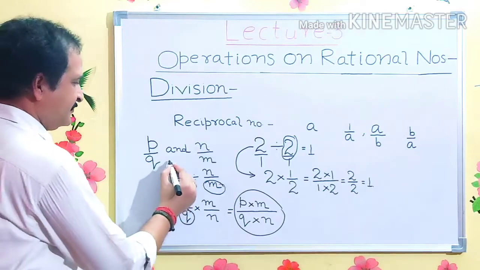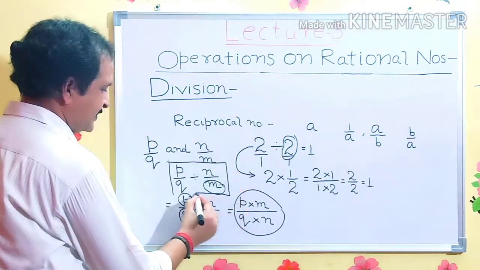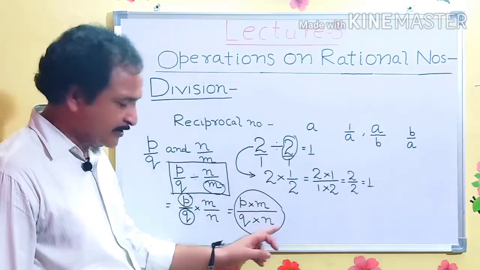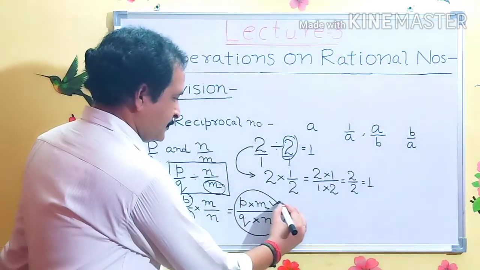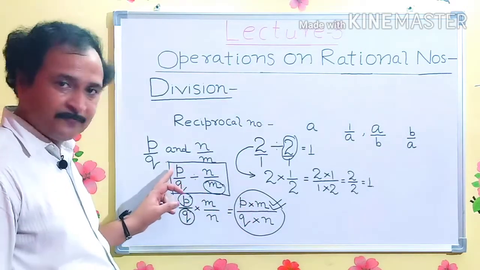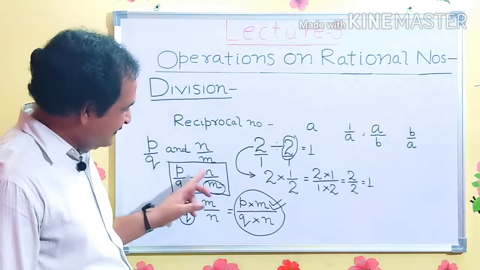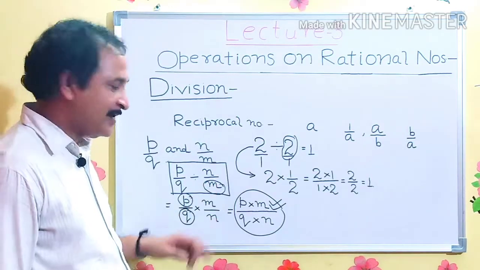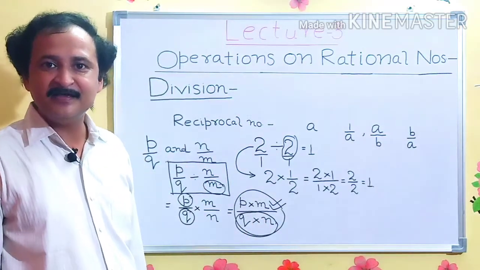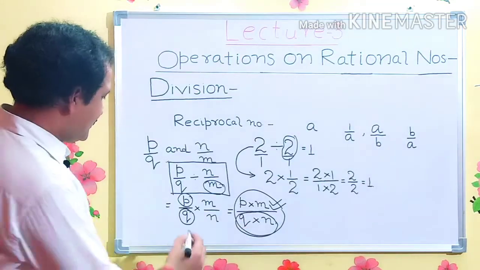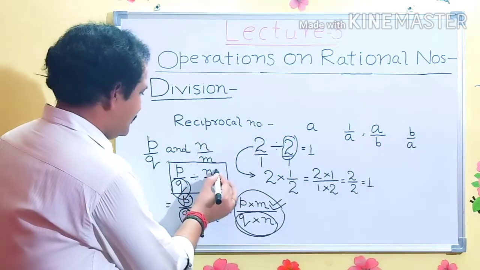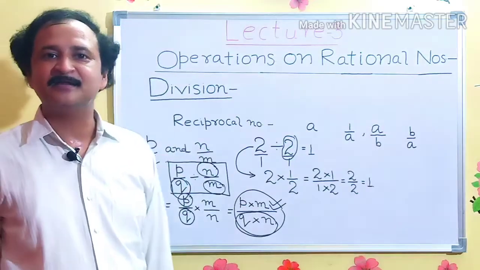During division of two rational numbers, the result of this division is also a rational number whose numerator is the multiplication of the numerator of the first rational number and the denominator of the second rational number, and the denominator of this result is the multiplication of the denominator of the first rational number into the numerator of the second rational number.